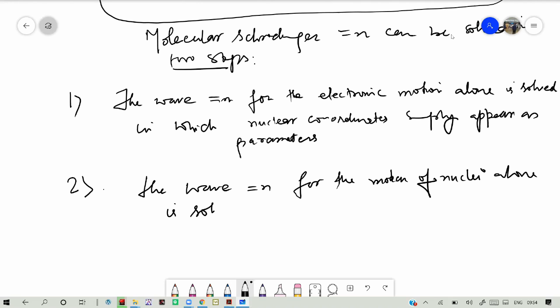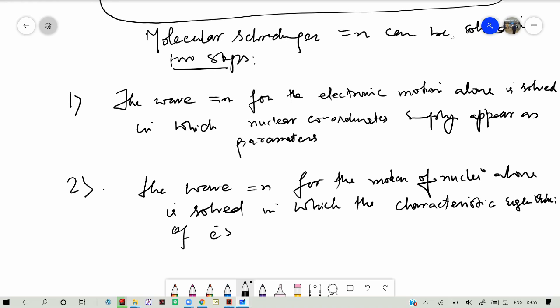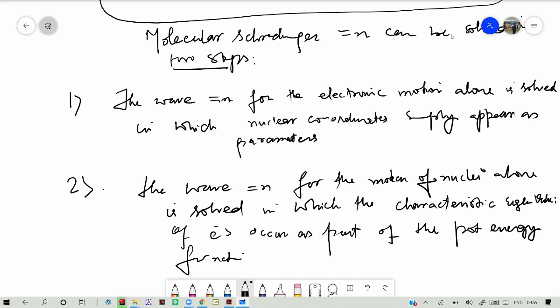Alone is solved, in which the characteristic eigenvalues, meaning energies, of electrons or the electronic equation appear as part of the potential energy function of the nuclear motion.